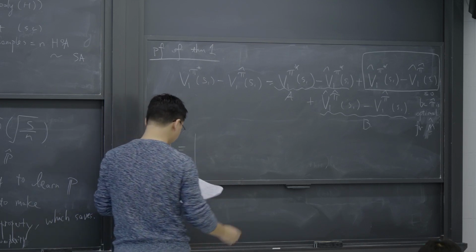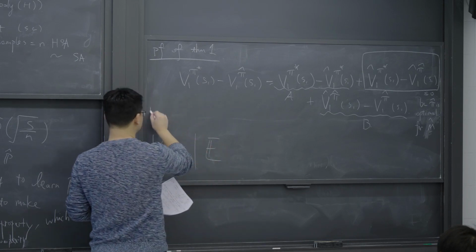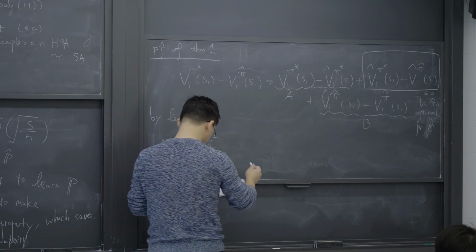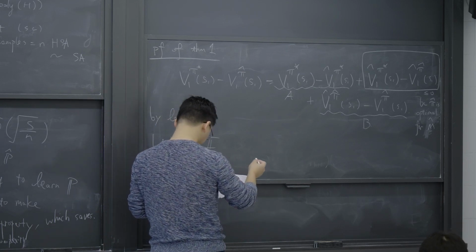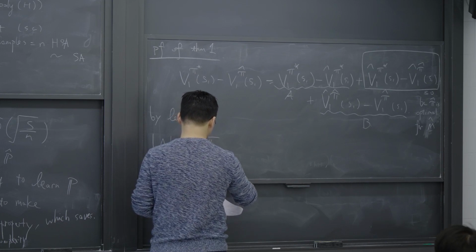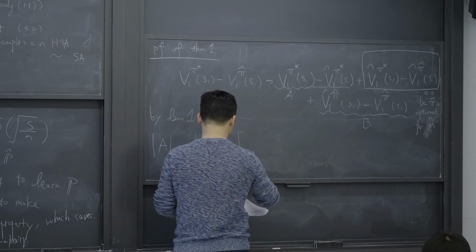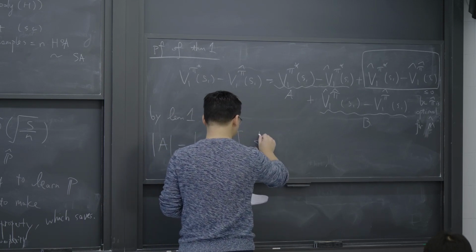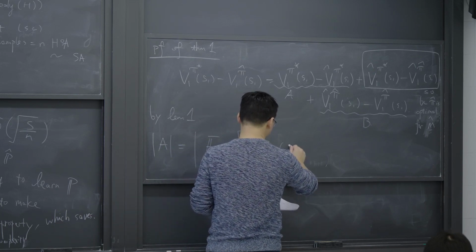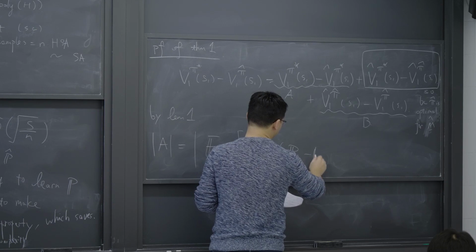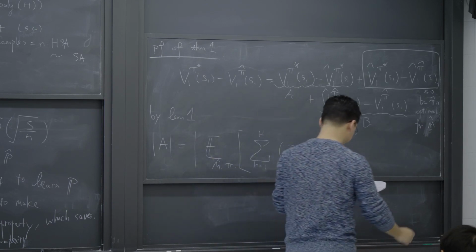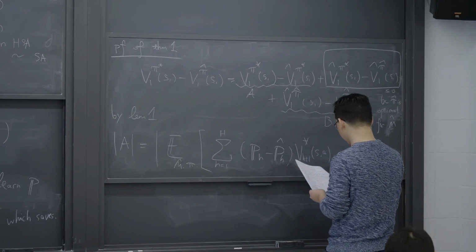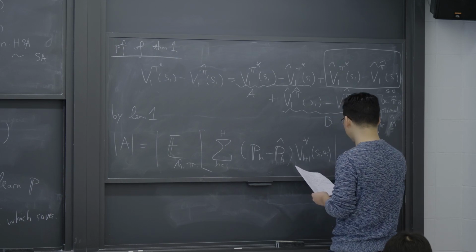This is equal to, directly by lemma 1, the expectation under m hat and pi, the summation h from 1 to capital H, of p subtract p hat applied to V_{h+1} star at S_h, A_h, conditioned on S1.